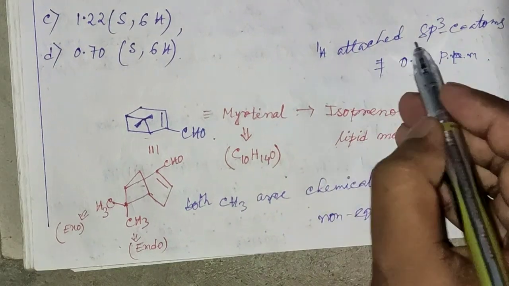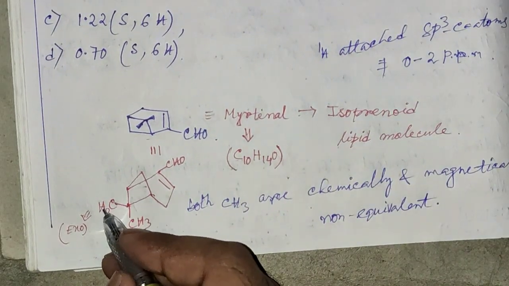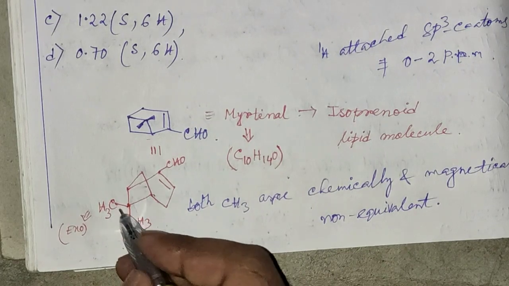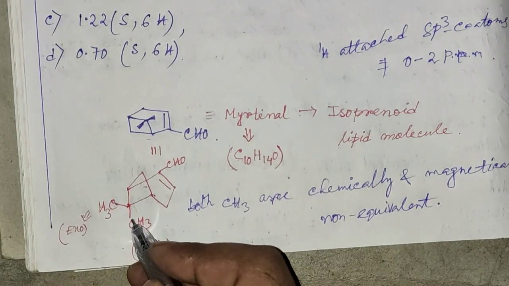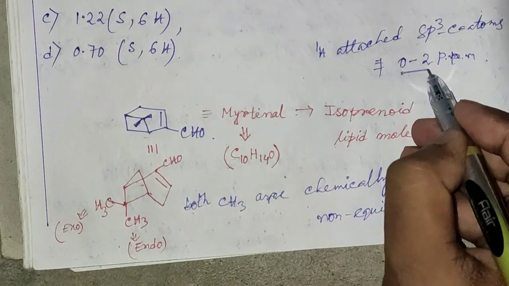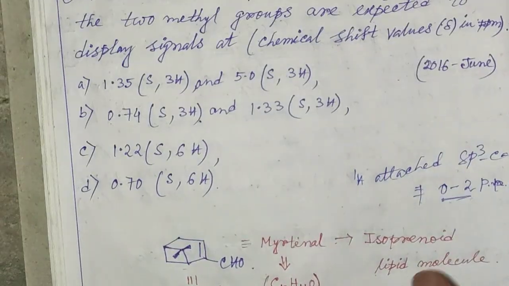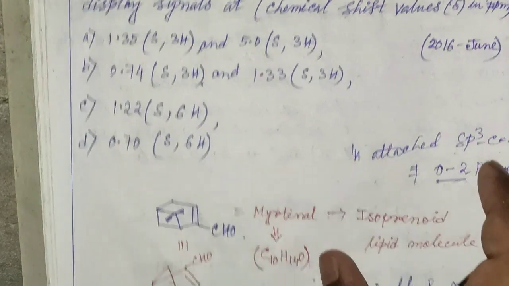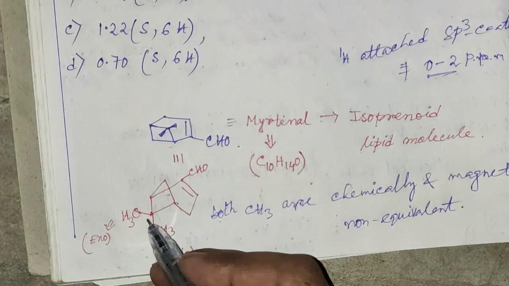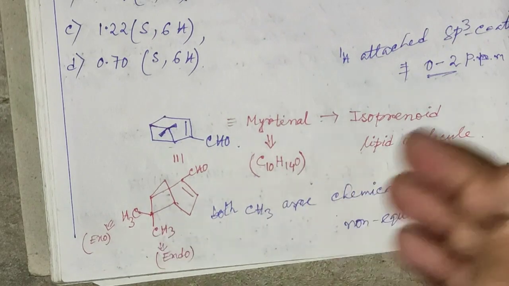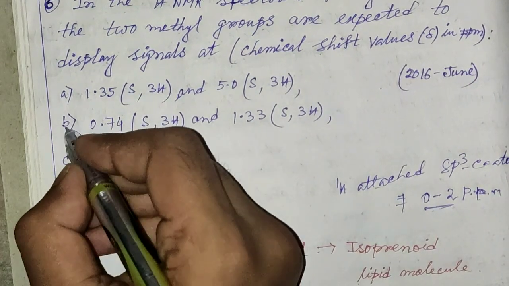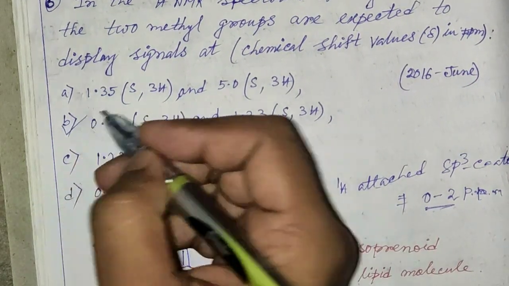Since this condition is satisfied here, this proton is attached to an sp3 carbon atom. That means these 2 methyl groups will correspond to within this ppm value region. And these 2 methyls are non-equivalent, so the chemical shift value will be different for these 2 methyls. And from the options we can say that option number B is the correct answer.